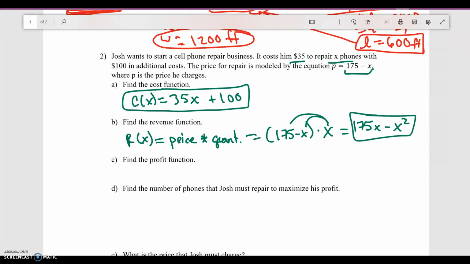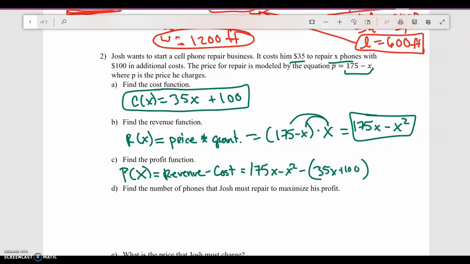Now my profit function, let's say that's P of X. That's going to be all of my money coming in, all of my revenue, minus my costs. So my revenue is 175X minus X squared, minus my cost function. Don't forget to add the parentheses because you have two different things being subtracted: 35X plus 100.